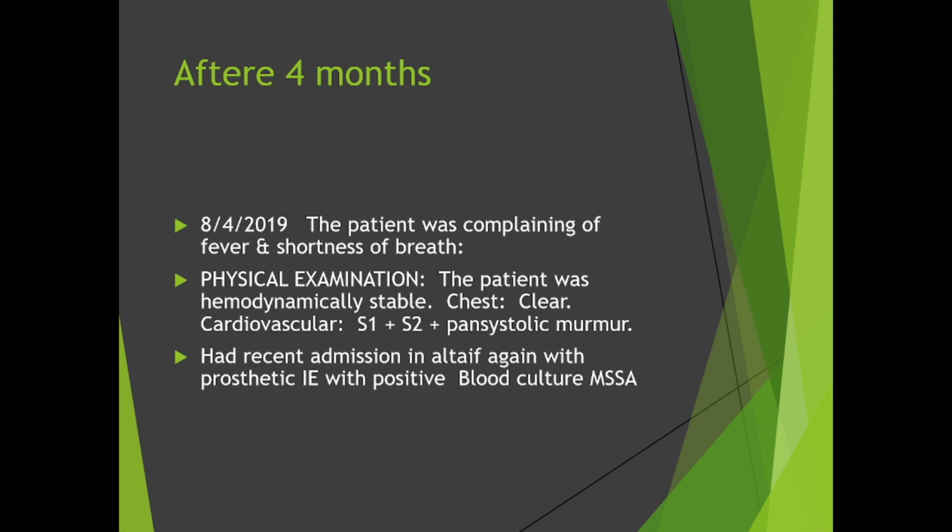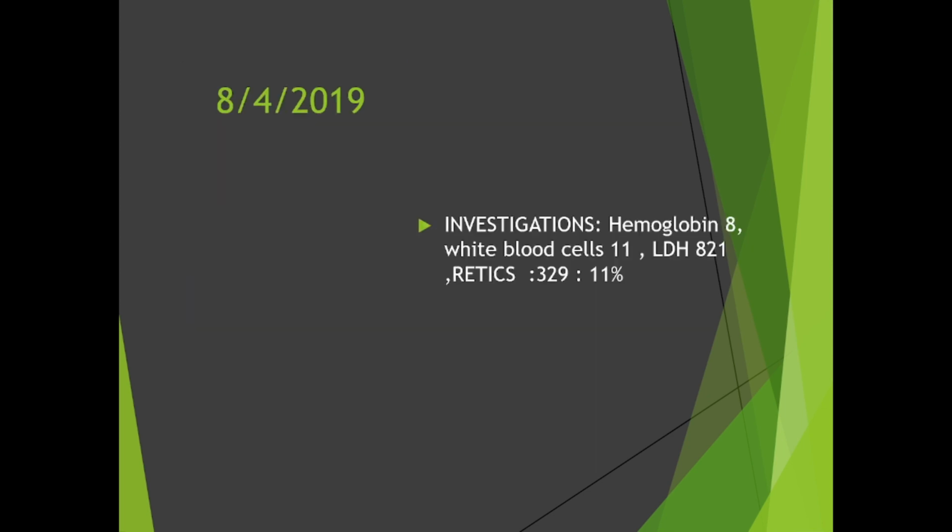and his examination showed a pansystolic murmur, and he had recent admission, as I said, with query infective endocarditis. They did culture. The culture came back as methicillin-sensitive Staph aureus, and they mentioned that he has a huge, severe dental abscess. So investigation again, hemoglobin is low.